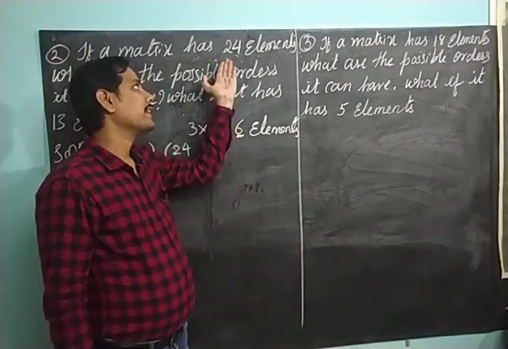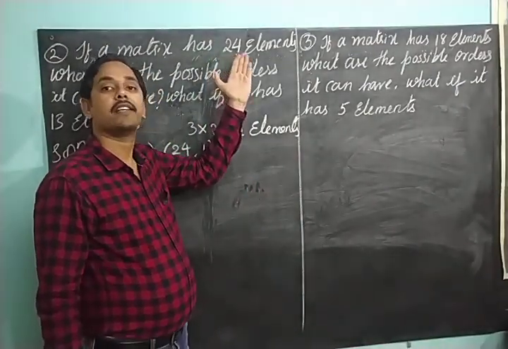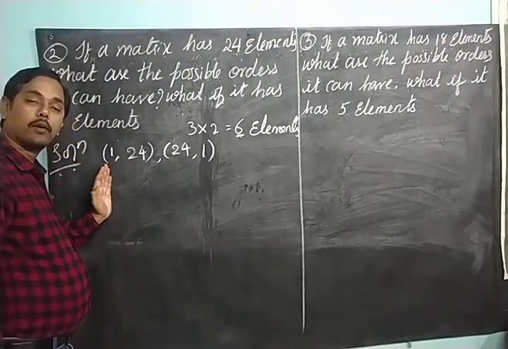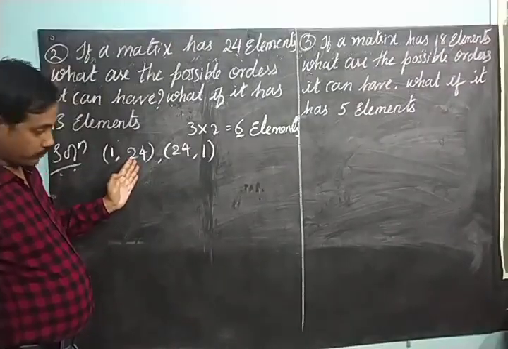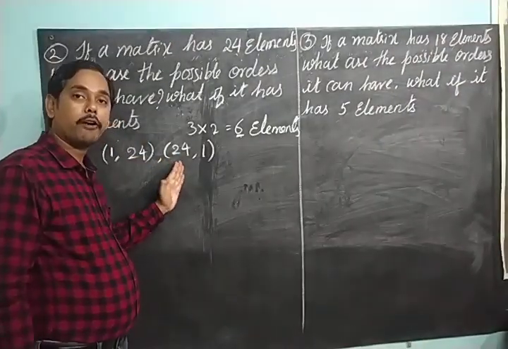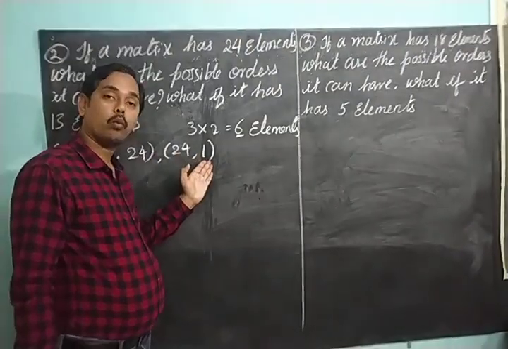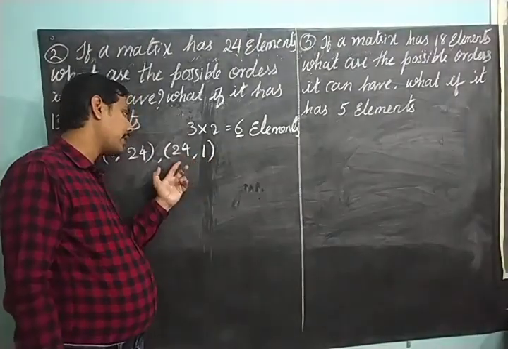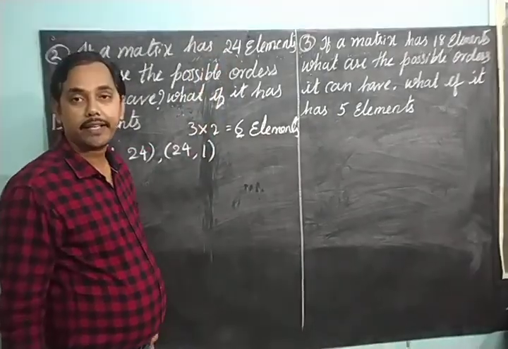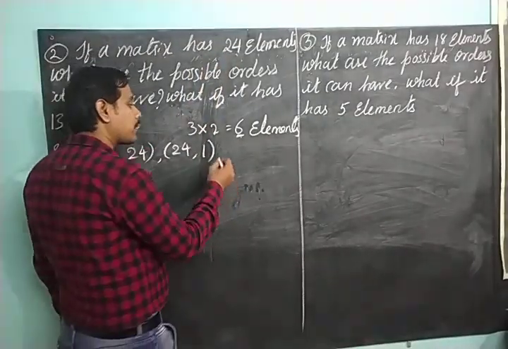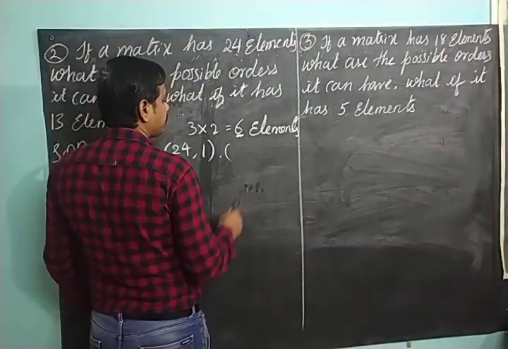That means there is a possibility of one row and 24 columns. Also there may be the possibility of 24 rows and one column. So if you multiply row and column, you are going to get the total number of elements.